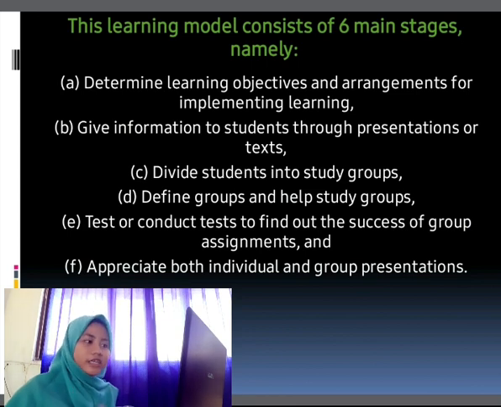And for the third, divide students into study groups. And for the fourth, guide groups and help study group. And fifth, test or conduct tests to find out the success of group achievement. And the last is appreciate both individual and group presentation.